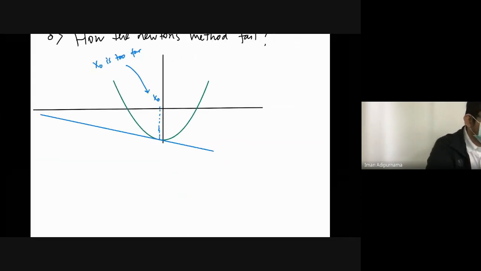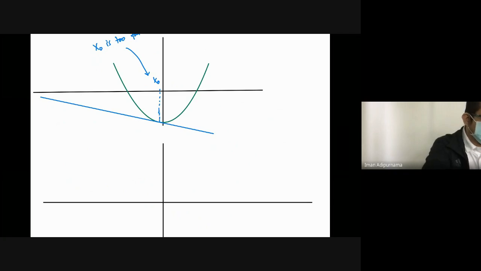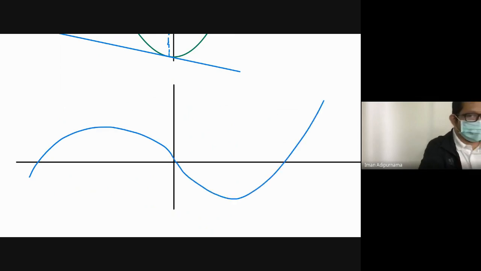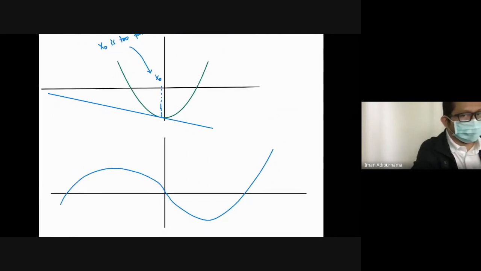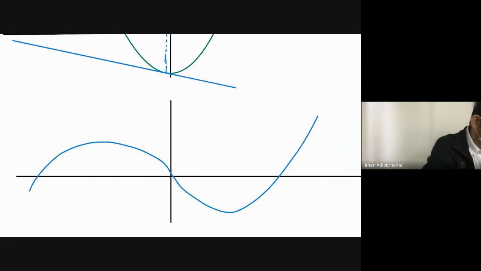Another problem that might happen. The first weakness is if we take the x0 too far, we cannot evaluate further.